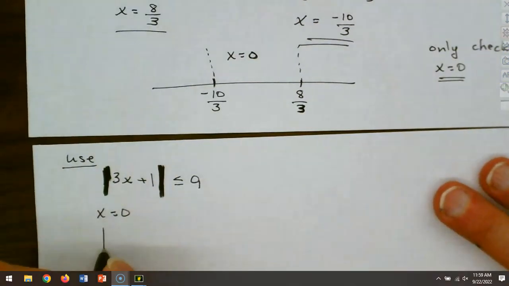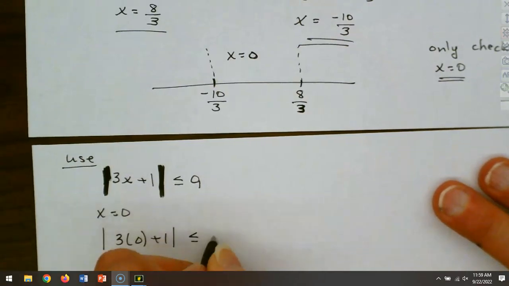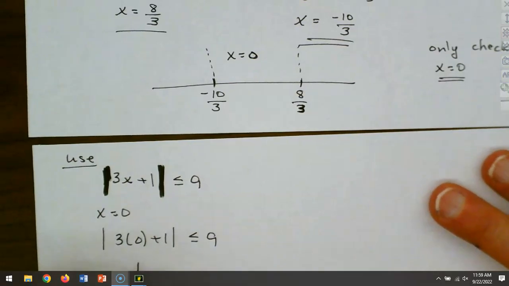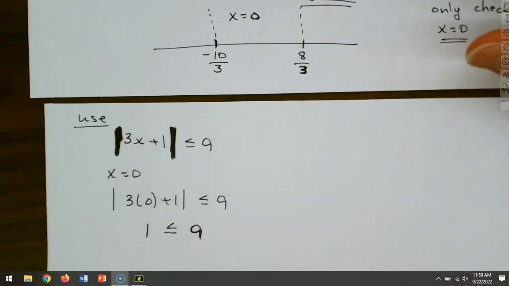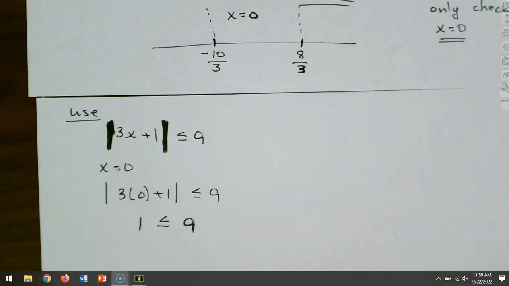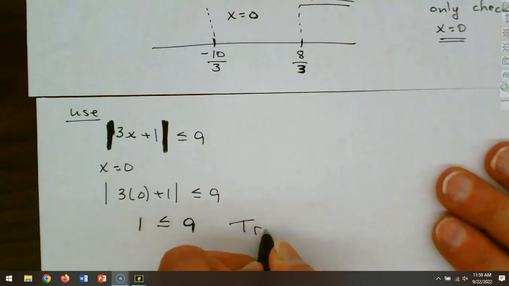And when we check that out, plug that in. 0 times 3 is 0, plus 1 is 1. Absolute value of 1 is 1. And in this case, is 1 going to be smaller than 9? Is that true or false? Is 1 smaller than 9? That would make it true.